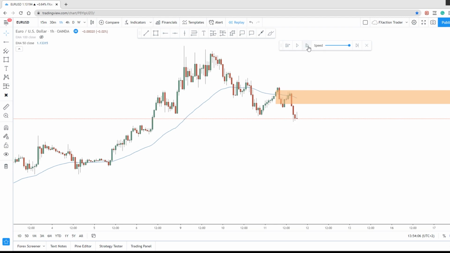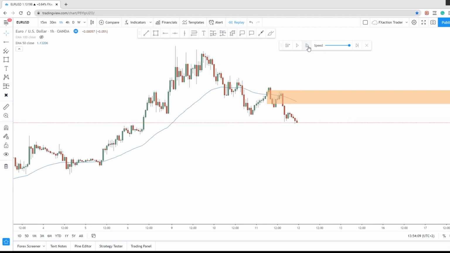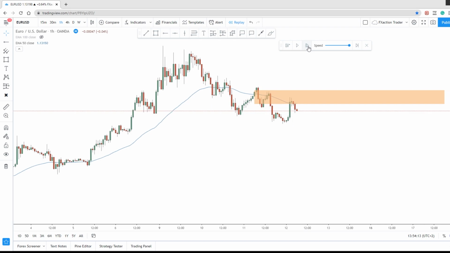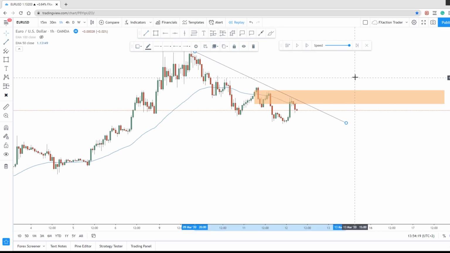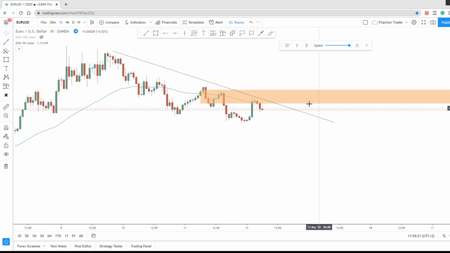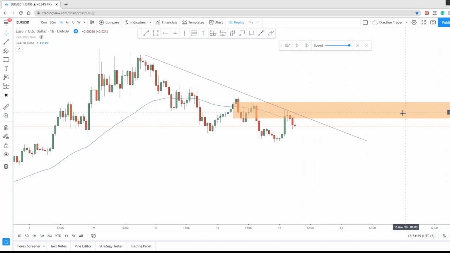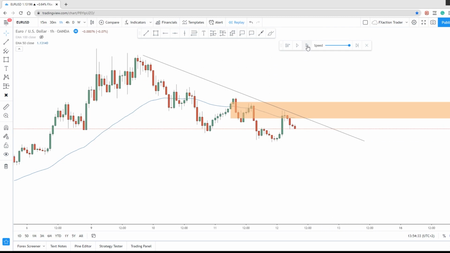All right, so let us continue to see what market shows us. Even in the lower time frame, we can see that market keeps creating lower lows and also lower highs. So in this case, any buy signals that market shows me, I will not take into consideration because I'll be only focusing on a sell signal.